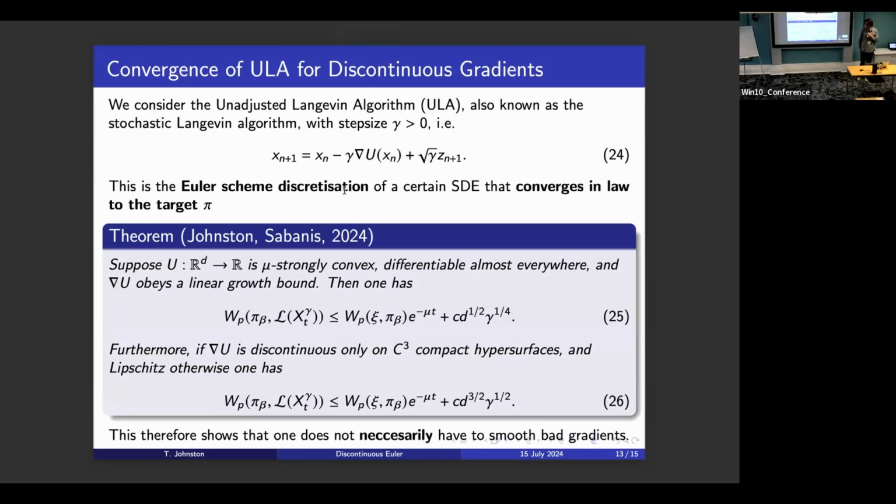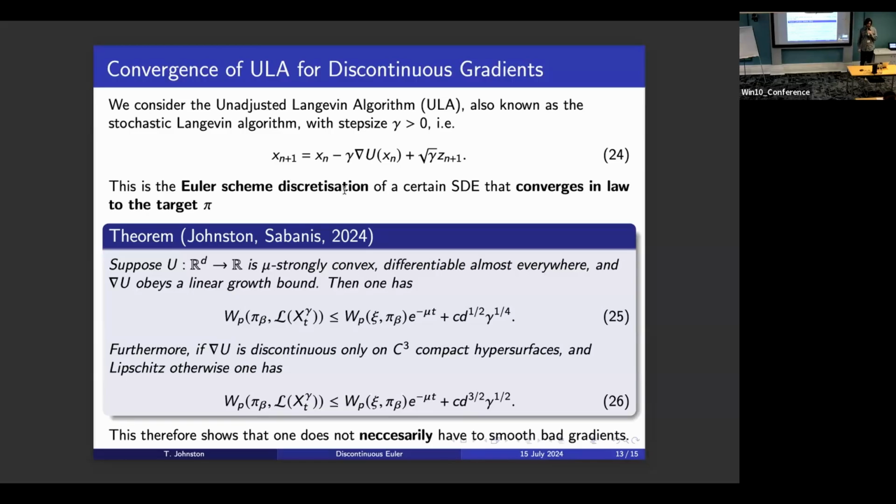In many cases, again with a huge family of literature, the continuous dynamics converge in a variety of metrics to the target measure π, which is proportional to e^{-U}. Lots of convergence results have been proven for this algorithm, but as far as I'm aware, they all assume that ∇U is continuous.